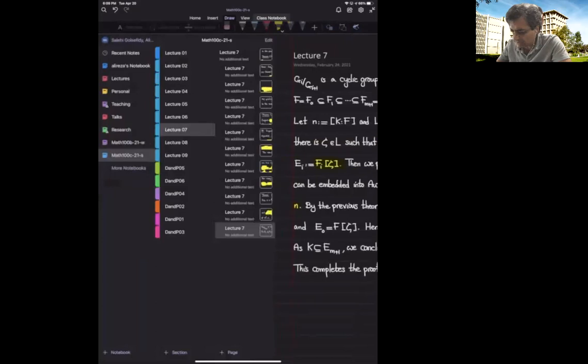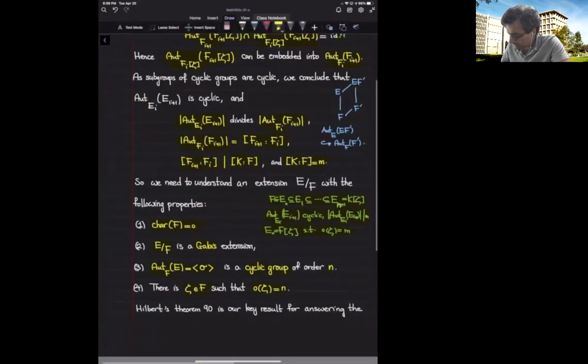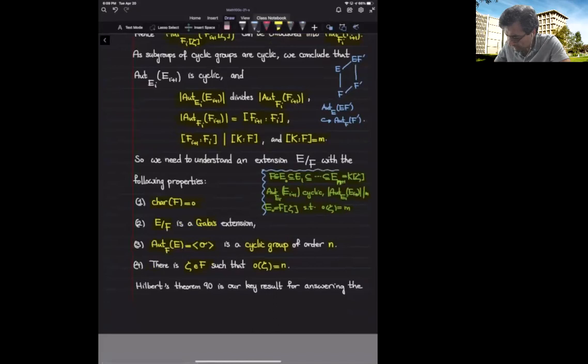So I'm repeating the proof that I started with over here, and I've summarized it in this box, and I'm repeating this part at the end of the argument to make sure that we know what we were doing.